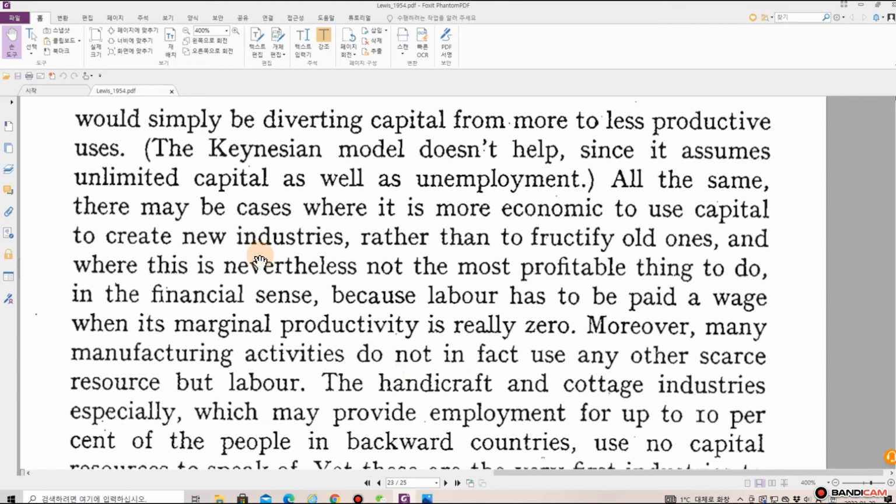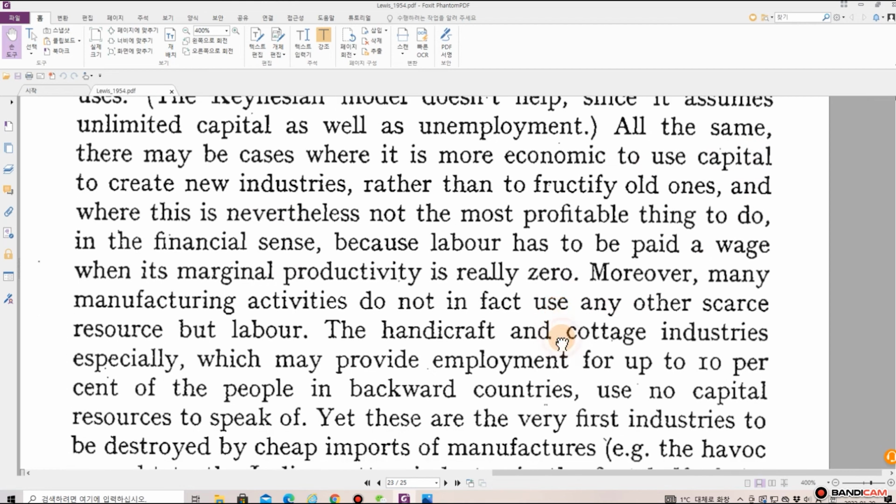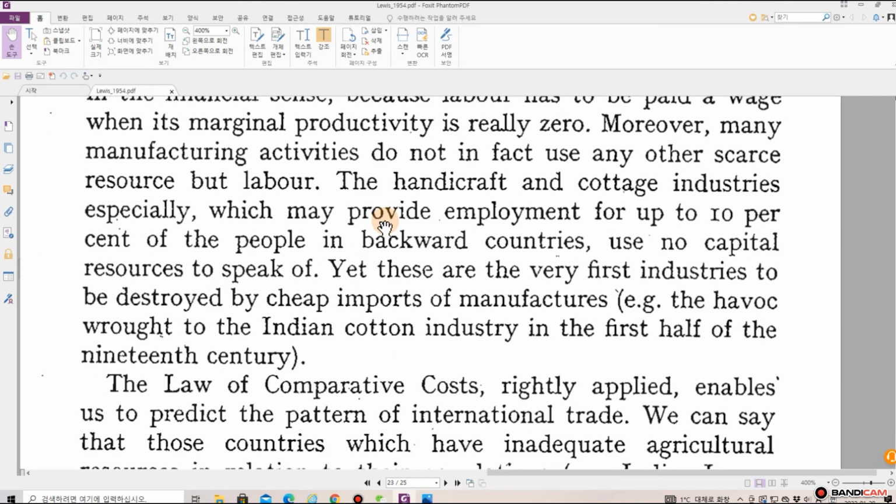All the same, there may be cases where it is more economic to use capital to create new industries rather than to fructify old ones, and where this is nevertheless not the most profitable thing to do in the financial sense, because labor has to be paid a wage when its marginal productivity is really zero. Moreover, many manufacturing activities do not in fact use any other scarce resource but labor.